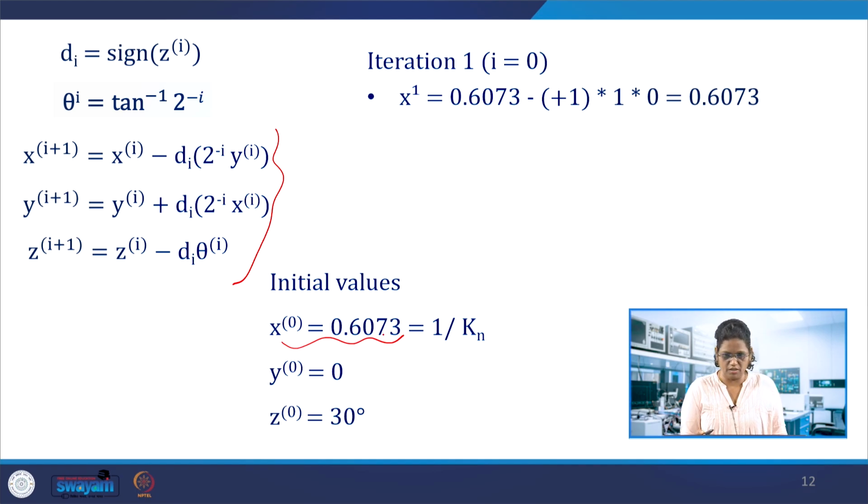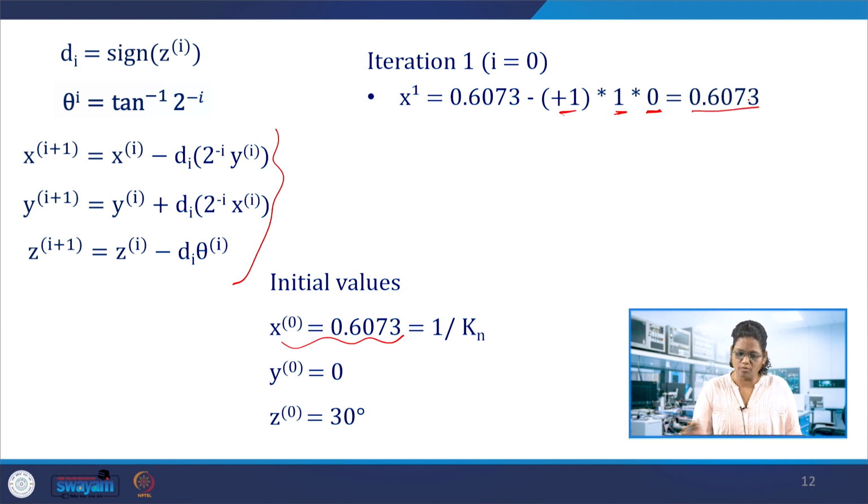You can see in any FPGA IP model that if you have the CORDIC block, it will use this value 0.6073. This is x of 0, and initially di is positive, and here y of i is 0, and 2 power minus i is equal to 1, which leads to 0.6073.